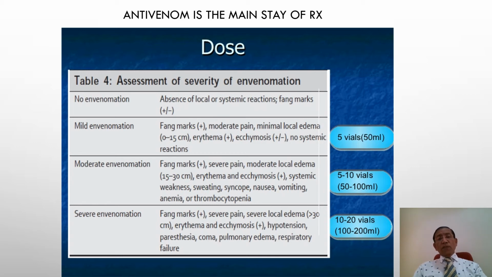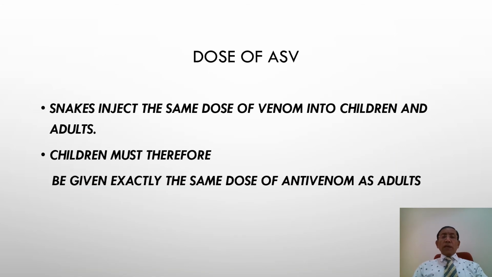If it's a severe envenomation, with fang marks and severe pain, hypotension, paresthesia, coma, pulmonary edema, respiratory failure, then one can use around 10 to 20 vials to start with.